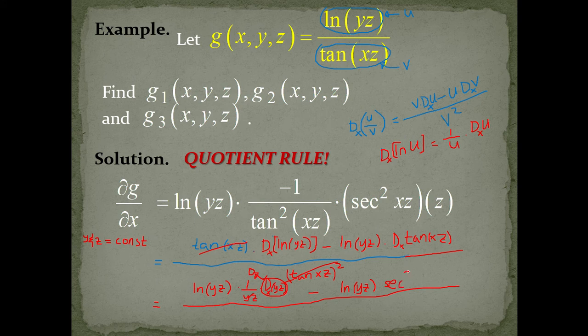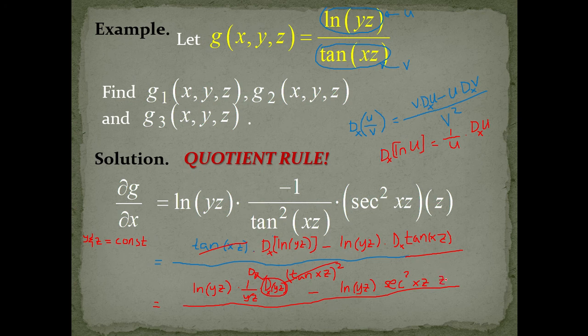Secant squared u, where our u is equal to x times z. Then we're differentiating partially with respect to x, so z is a constant. So we just differentiate x with respect to x, which is 1, times z. That is why we have z here.